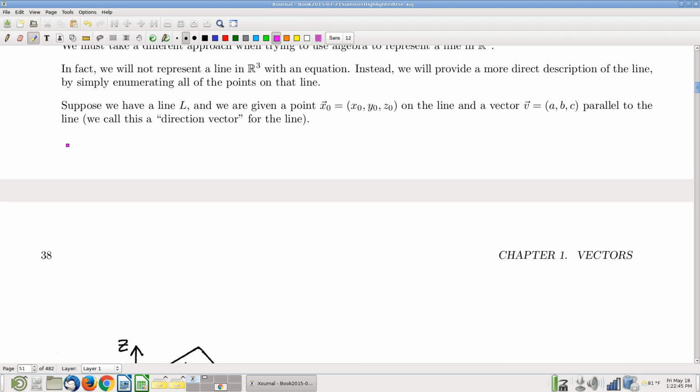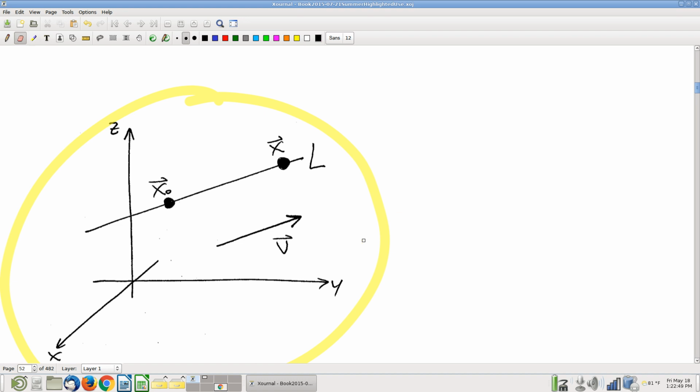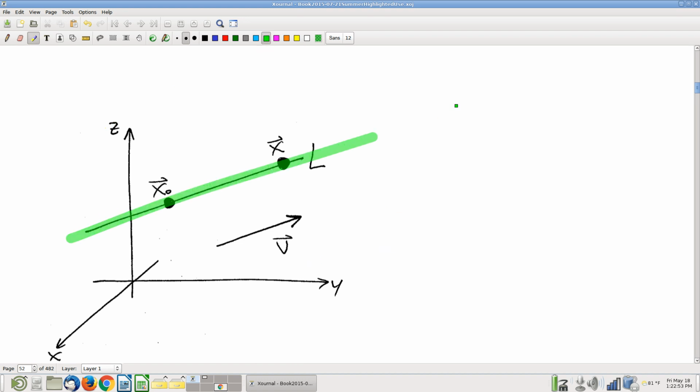So there's a different geometric perspective to take here. Here's a line in R3, you notice? And I assert that it is characterized by a point on the line and a vector parallel to the line. You give me a v vector and an x naught point, that defines L. We can do a similar process.